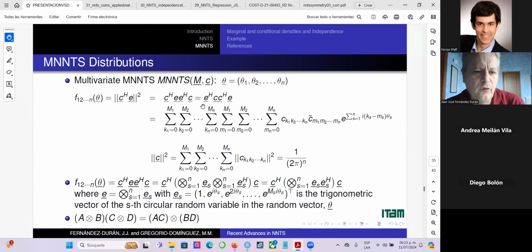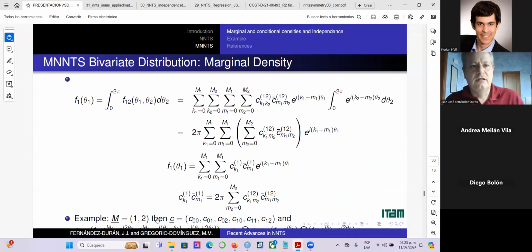But if we write the density function in terms of Kronecker products, we can use the property that the product of two Kronecker products can be written as a Kronecker product of the products of the original elements of each Kronecker product. And we found very interesting properties.